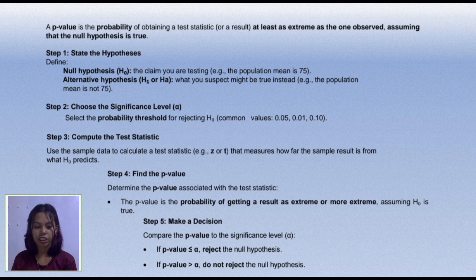The data you collected is reasonably likely to occur even if the average score is truly 75. Interpretation of the p-value: if the true average score is 75, there is a 12% chance you could get a sample average as far from 75 as the one you observed, 72, by just random chance.